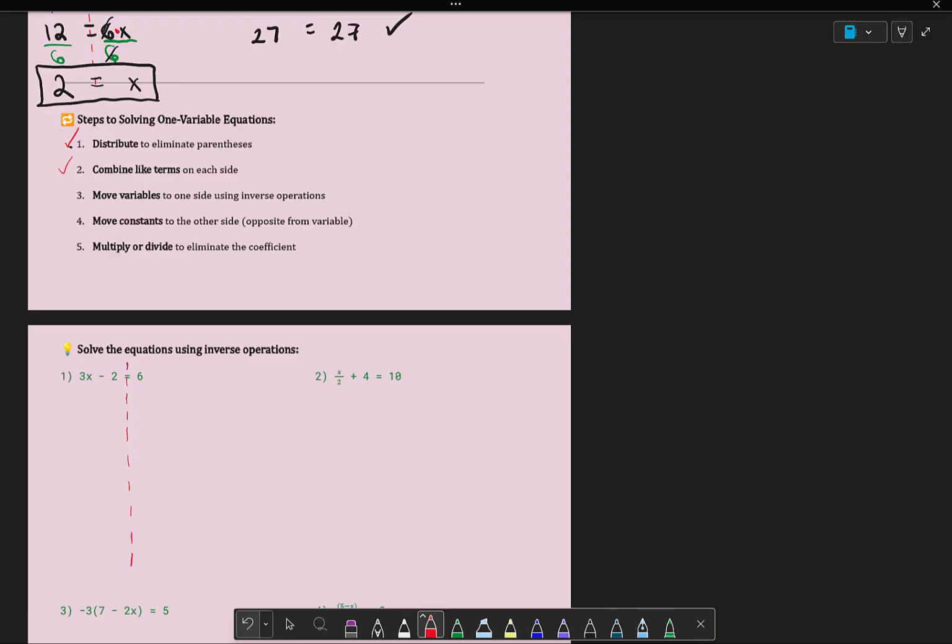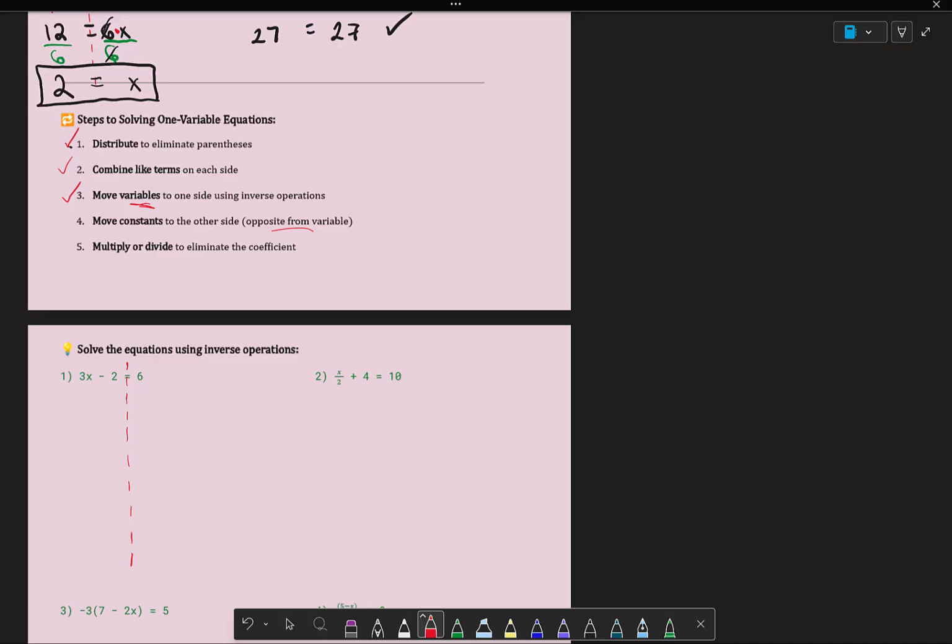Step 3, move variables to one side using inverse operations. Again, keyword variables, we only have one variable in this problem. It's 3x. So again, we can skip this step. Step 4, move constants to the other side, opposite from the variable. There's one constant on the left, one constant on the right.